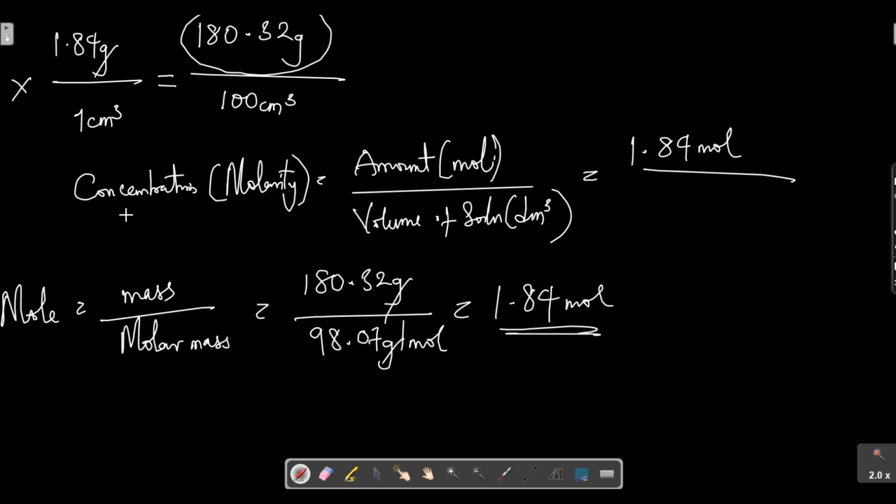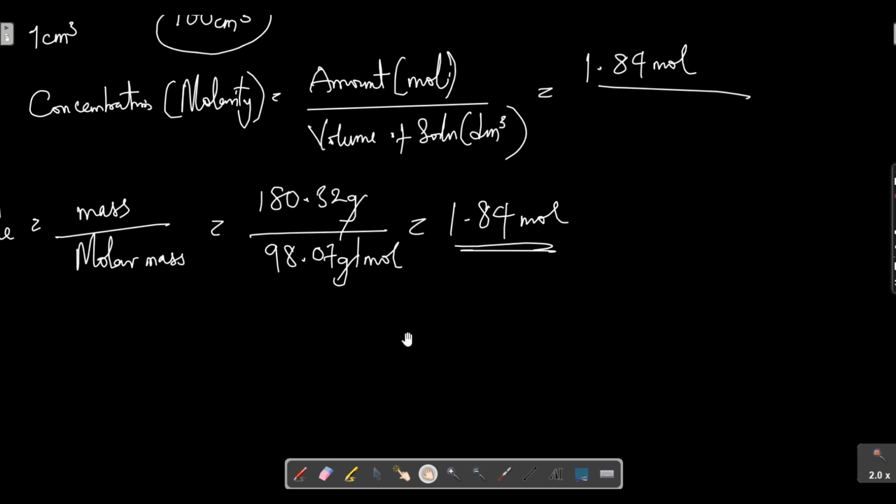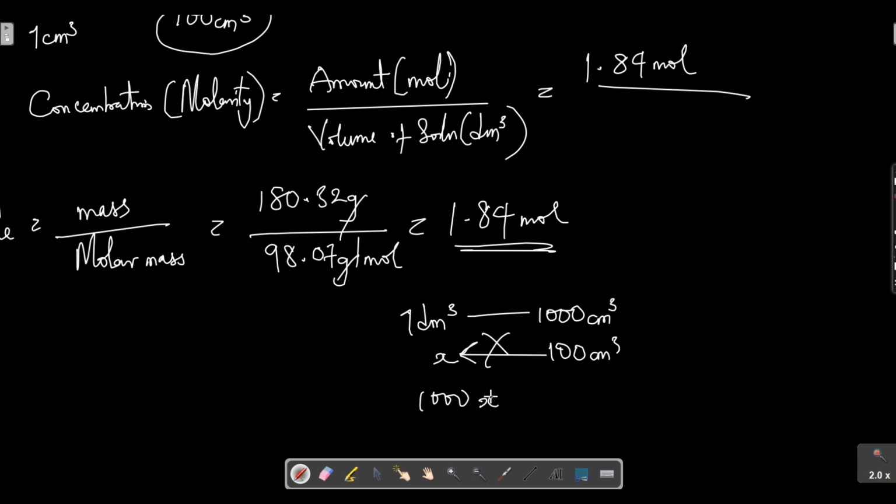Just a preview of what I've been doing so that you can follow up: I said concentration is amount, so we converted the mass we got here to amount. Now we'll also convert the volume. We're taking it in cm cube, but the volume in your molarity formula is in dm cube, so you convert cm cube to dm cube. It's just a simple relationship. 1 dm cube is equivalent to 1000 cm cube. Then 100 cm cube will be how many dm cube? Cross multiply: 1000 times s gives 1000 s, and 100 times 1 gives 100.